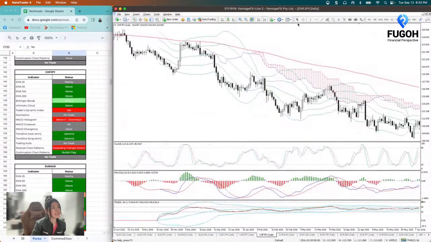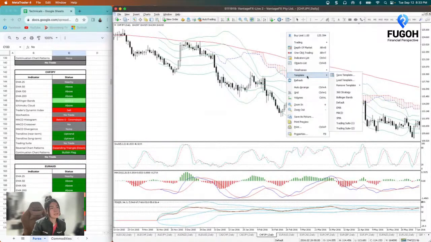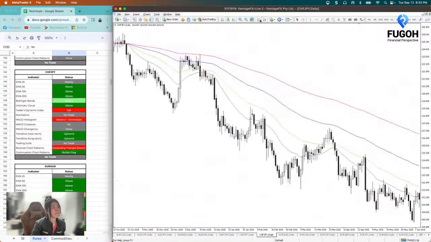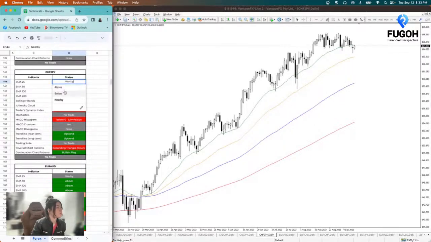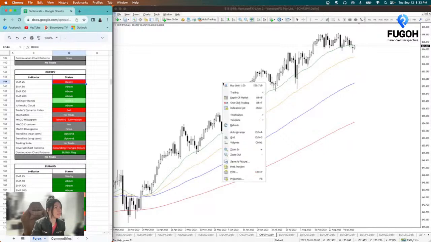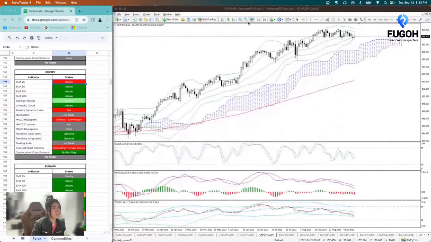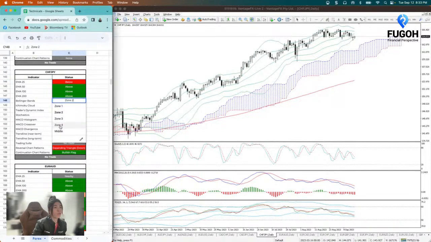How about Swiss franc yen? Swissy yen. For Swissy yen, it's below. See the closing price here nearby, but below and then above all of the other three EMAs. All right. How about here? For this one, the price is in zone number 4.